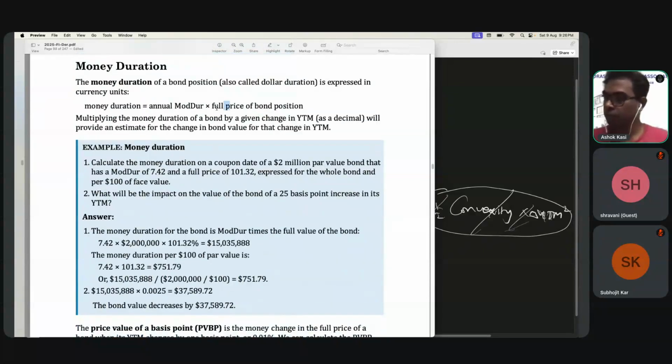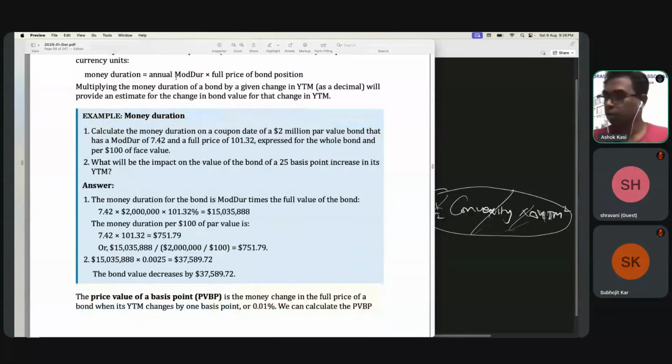Then money duration. Money duration means, overall for the entire bond position, what is the duration. Okay. So this all we have done, but you can just go through it now. This all we have done, right?